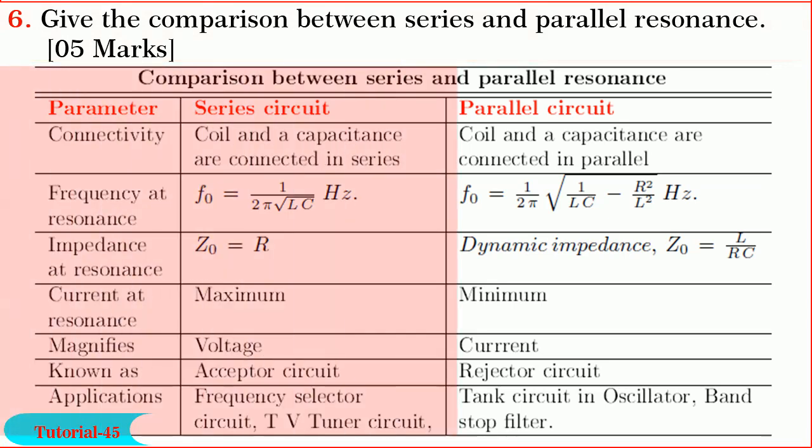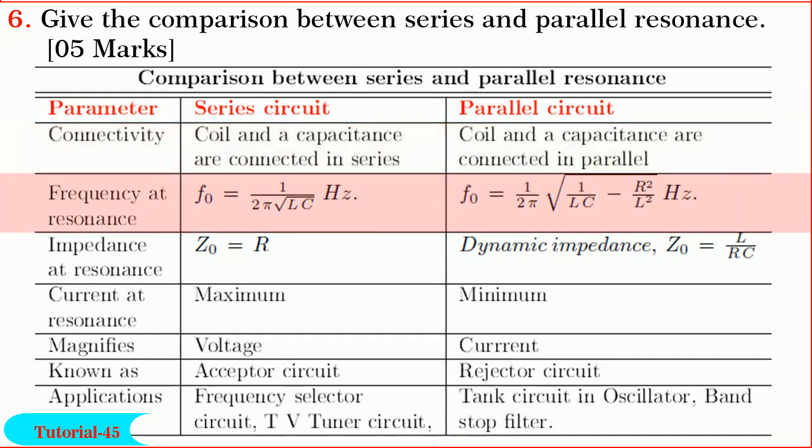So, here the answer is in tabular form. As far as the connectivity is concerned, in series circuit, a coil and a capacitance are connected in series, whereas in parallel circuit, a coil and a capacitance are connected in parallel across an alternating voltage of varying frequency.